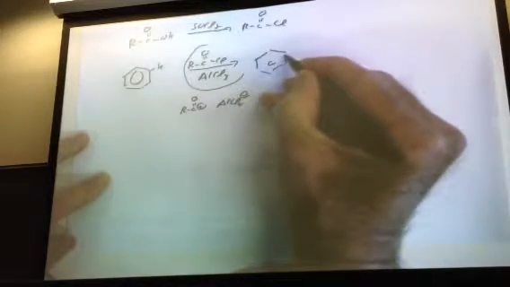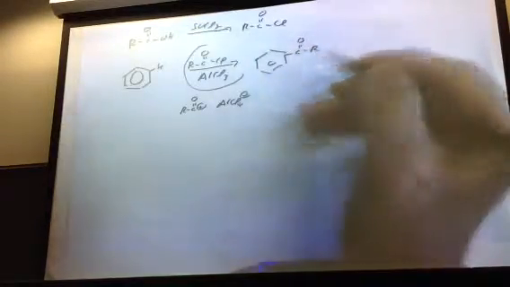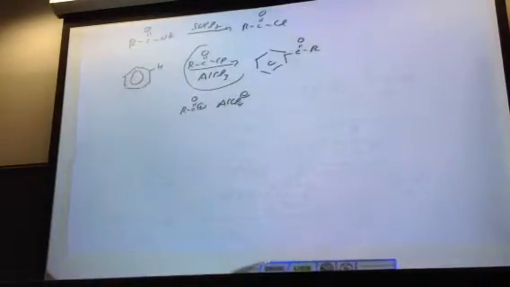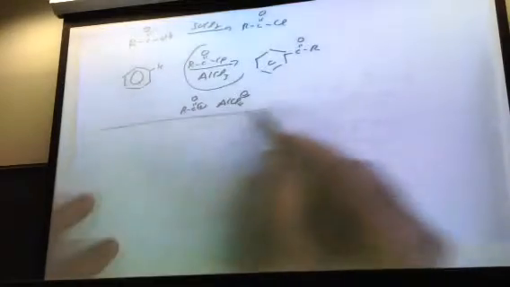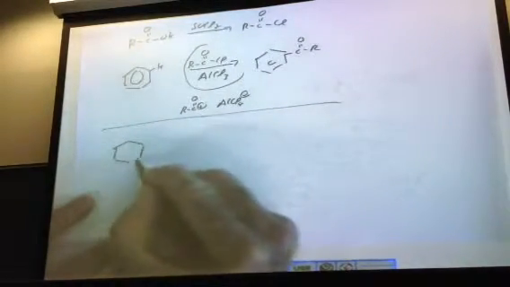This is my E plus. This can attack the benzene ring. And you get a substitution. Okay. So those are the reactions that are taking place in this outlandish compound here.